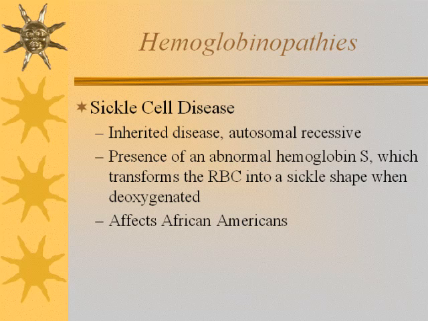It's an inherited autosomal recessive disorder that affects African Americans, and these patients have an abnormal hemoglobin S. That's important because it causes their red blood cells to turn into a sickle shape when there is a decrease in oxygen. And if you remember from the very first slide, the reason red blood cells are useful is because their shape allows them to transport oxygen.